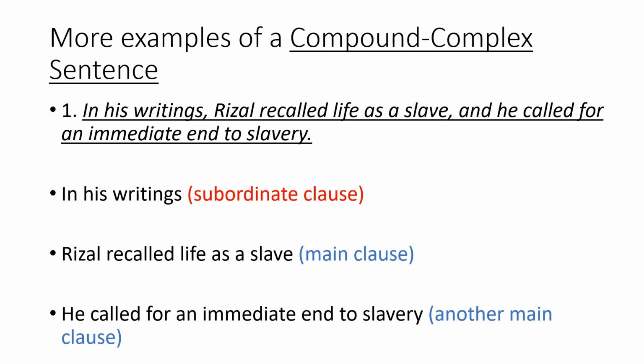Rizal recalled life as a slave is the main clause. He called for an immediate end to slavery is another main clause. You can see that the sentence is composed of two main clauses and one subordinate clause. That is why it is a compound complex sentence.